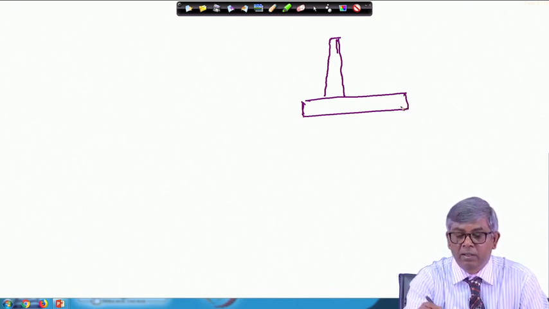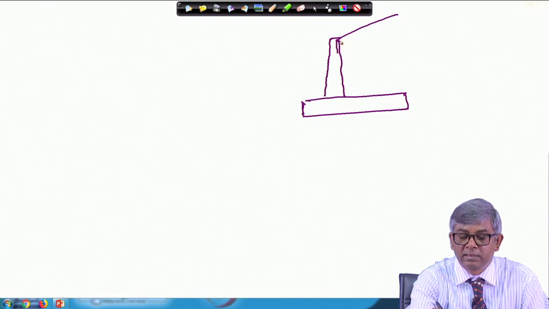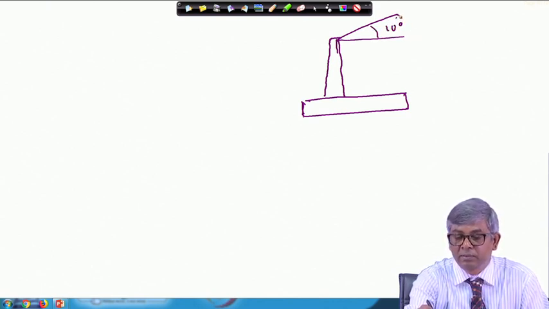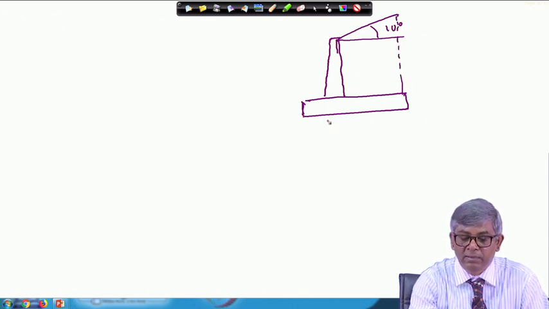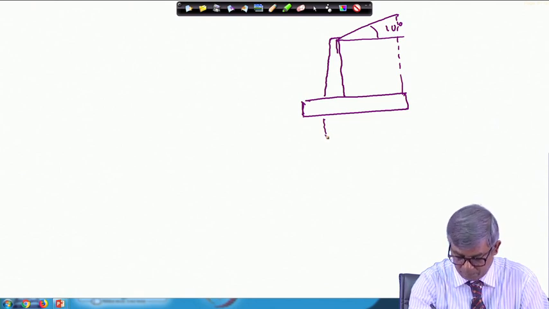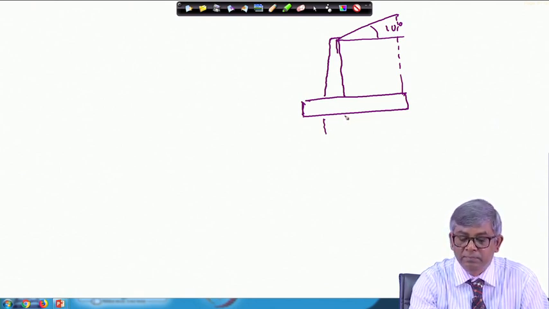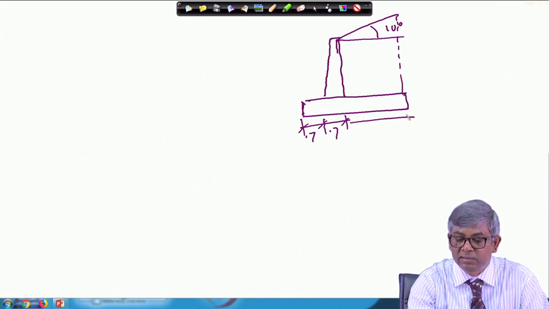So, and this is again 10 degrees, and if I join from here, this is actually the dimension I have to put. This is 0.7, this is 0.7 and this is 2.6.